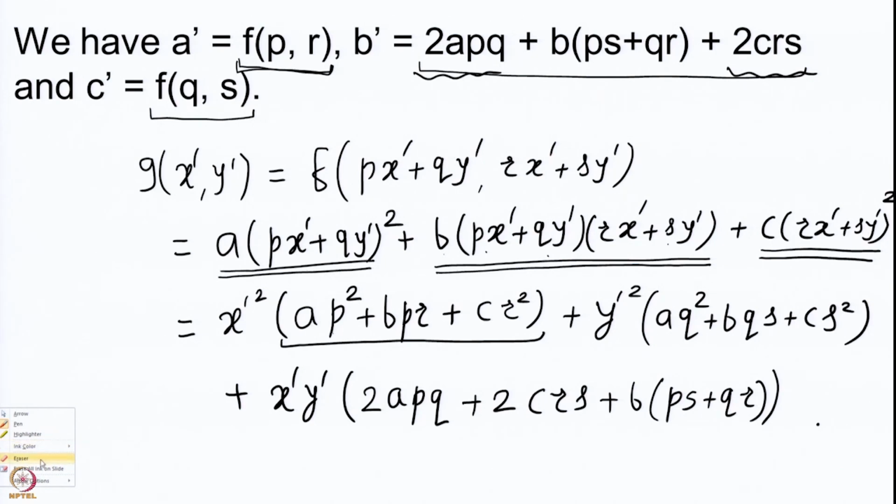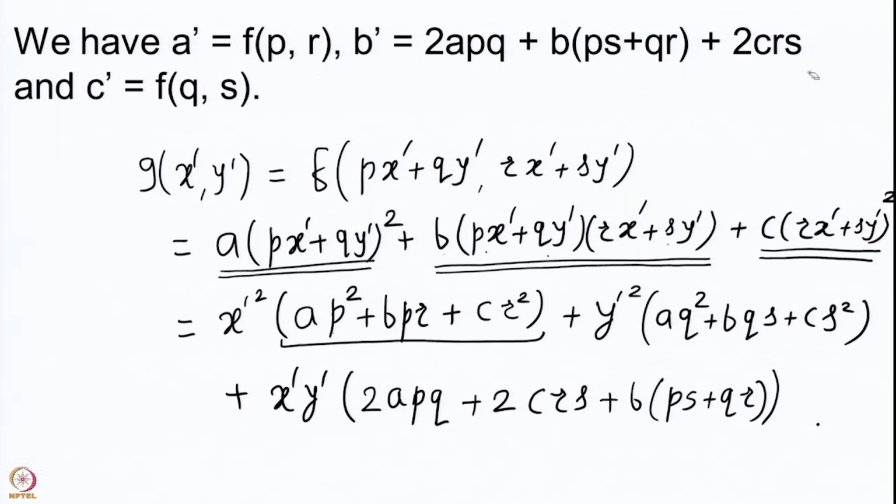What we have done is to obtain the description for the coefficients of the equivalent form in terms of the earlier coefficients and the integers involved in the change of variables.